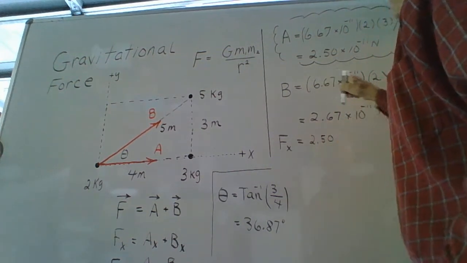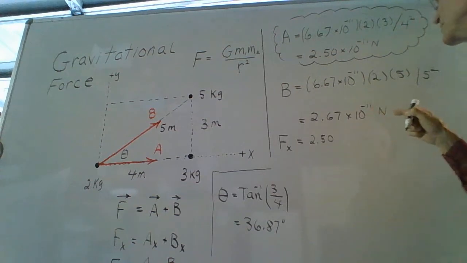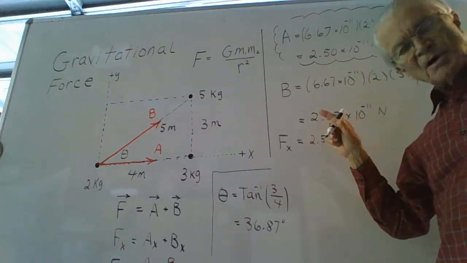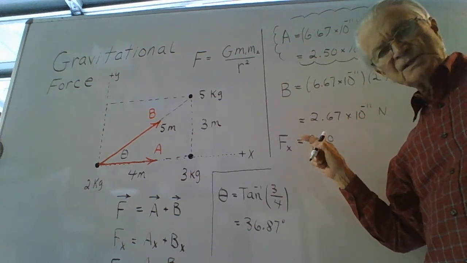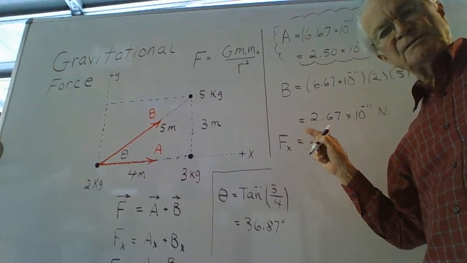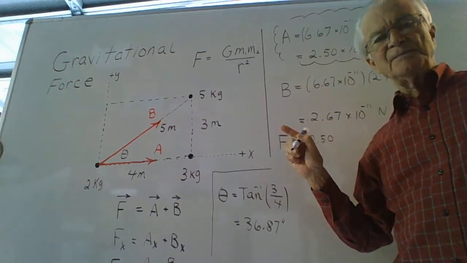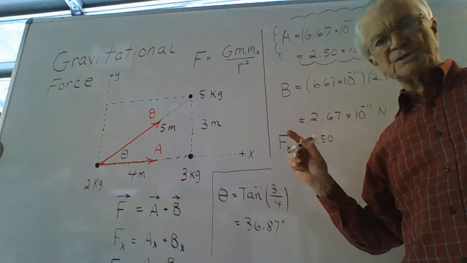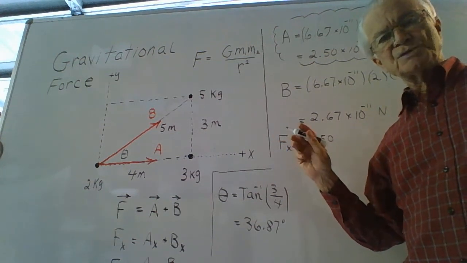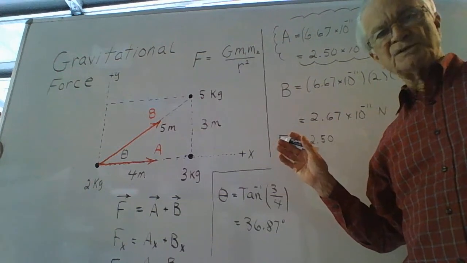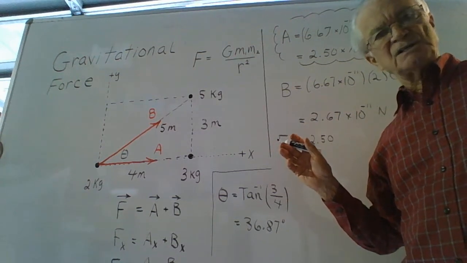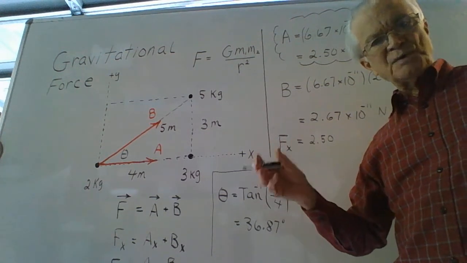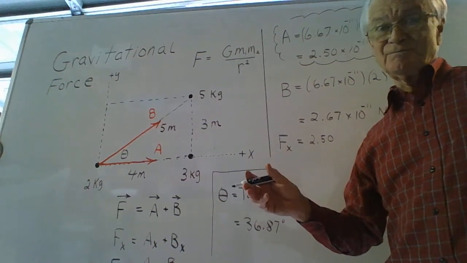And I'll leave off the factor of 10 to the negative 11 because all of the future components and the final force value that we'll calculate will be in terms of 10 to the negative 11 newtons. To save writing time, I will leave off the 10 to the negative 11 to speed things along, and then restore it at the very end.